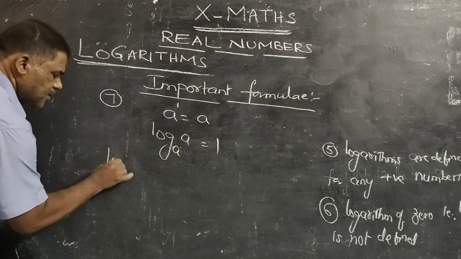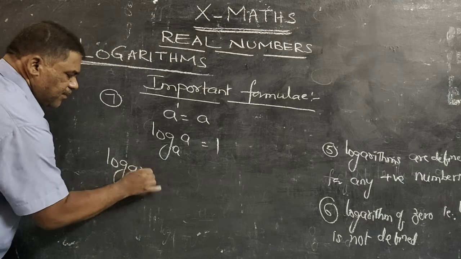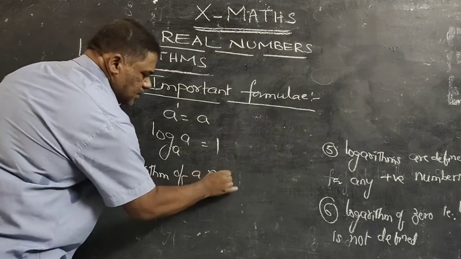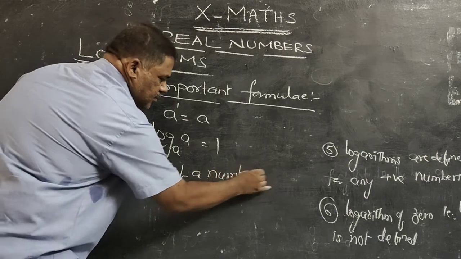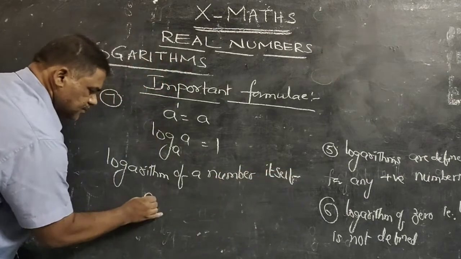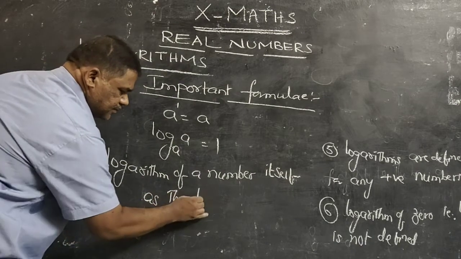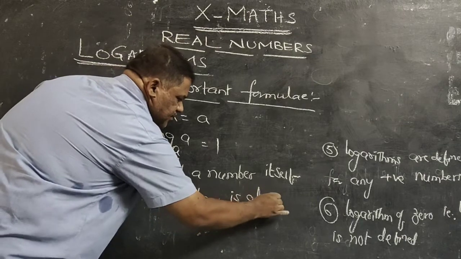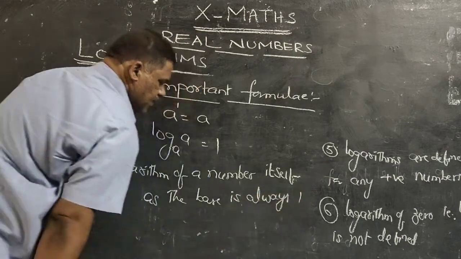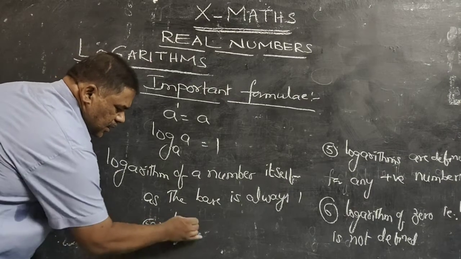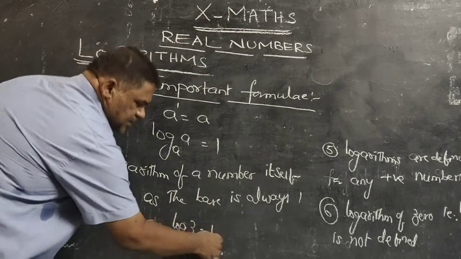That means logarithm of a number itself as the base is always 1. For example, log 3 base 3 is 1.